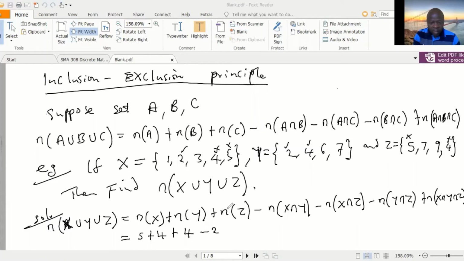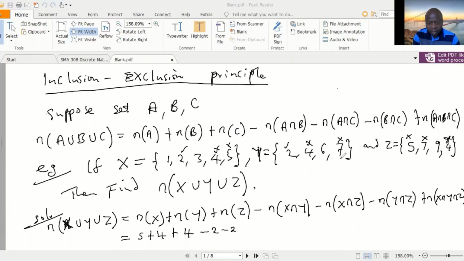So there are 2 elements again in the intersection of X and Z. What about the intersection of Y and Z? In the intersection of Y and Z, I can see 4 there, and I can see 7 there.